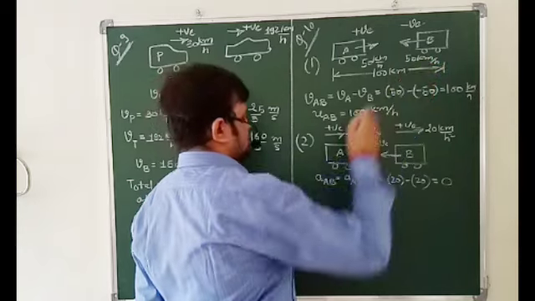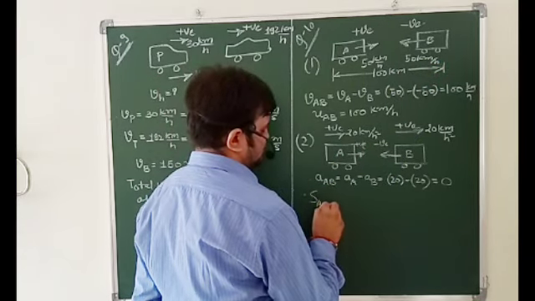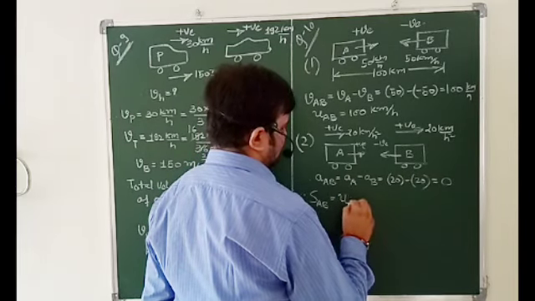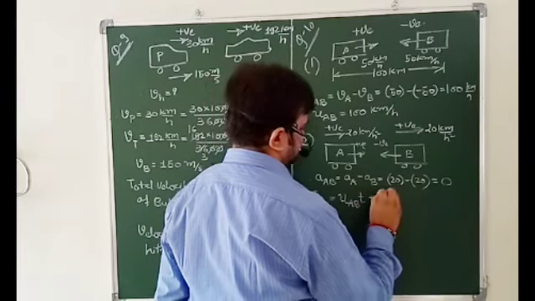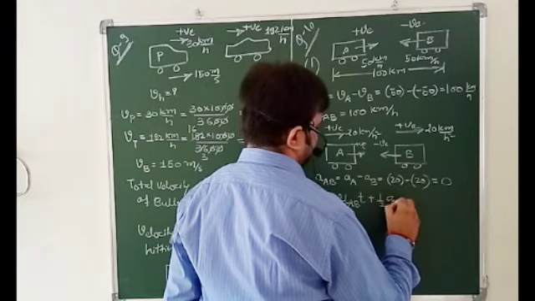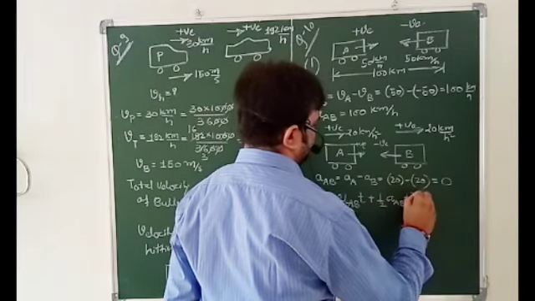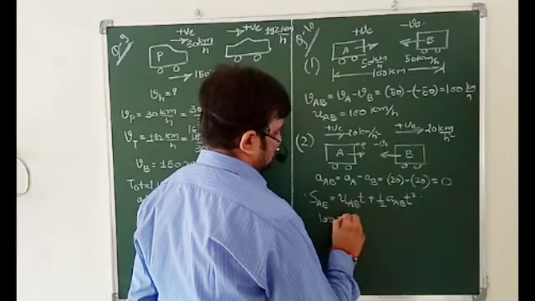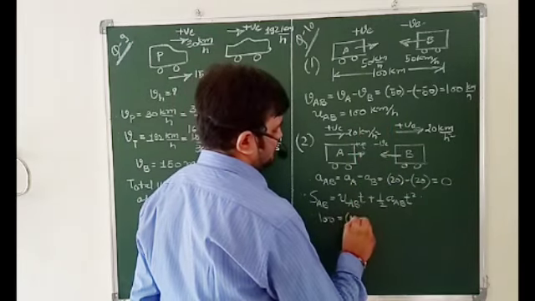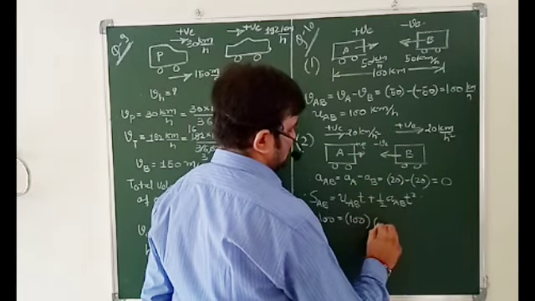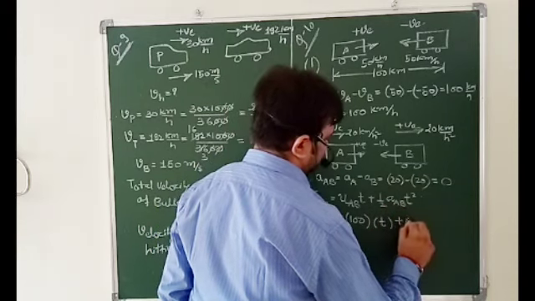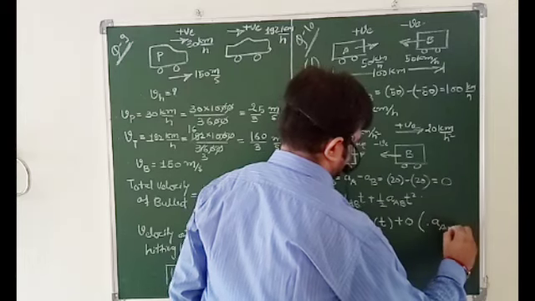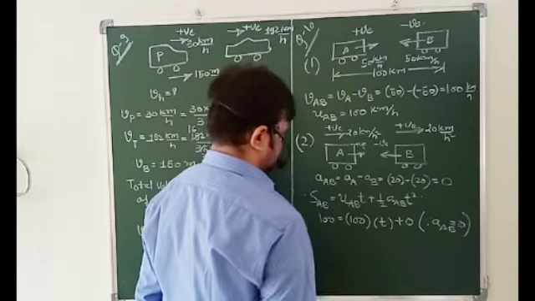Now the relative separation of A with respect to B is velocity of A with respect to B into t plus 1 by 2 acceleration of A with respect to B into t square. So it becomes 100 t plus 0, because the acceleration of A with respect to B is 0.